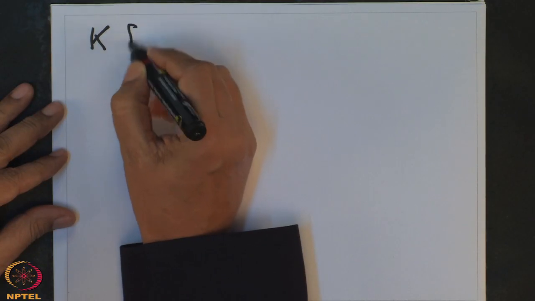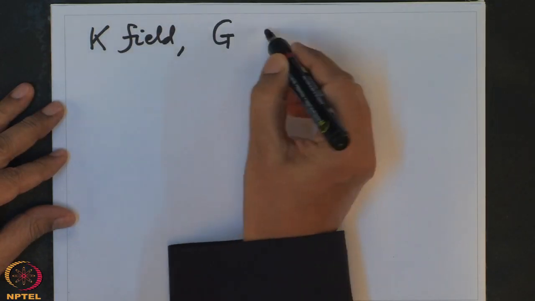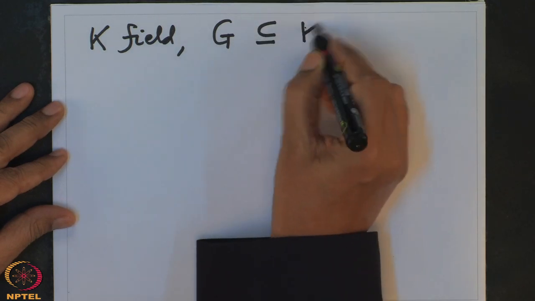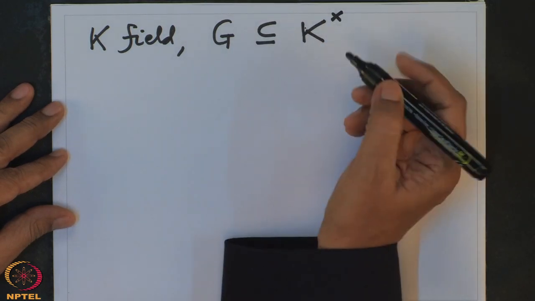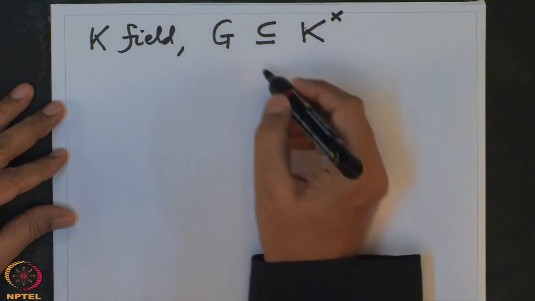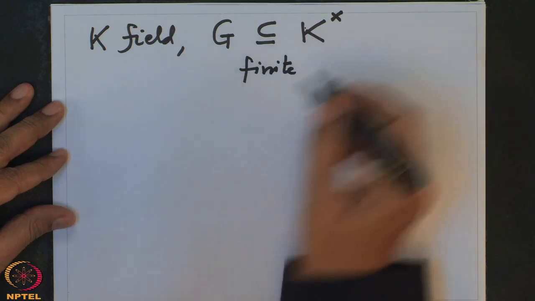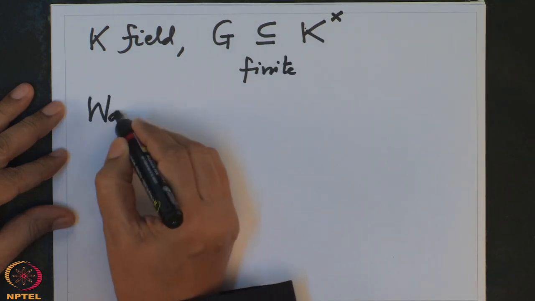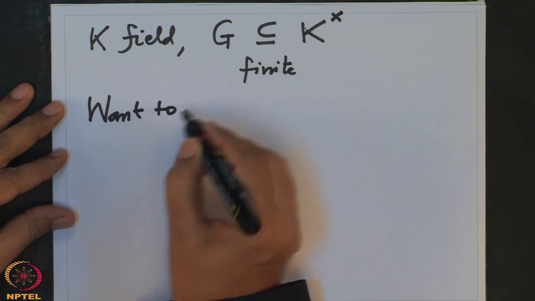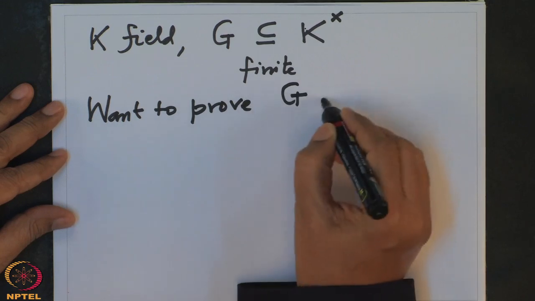So what we will prove is that if K is any field and G is a subgroup of K cross, the multiplicative group of the field K, and if G is finite, then G is cyclic.